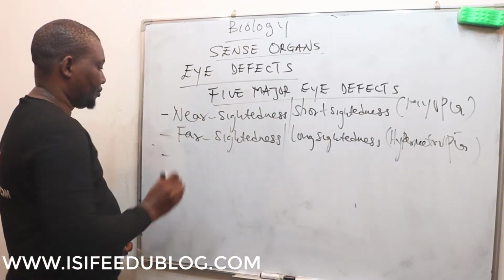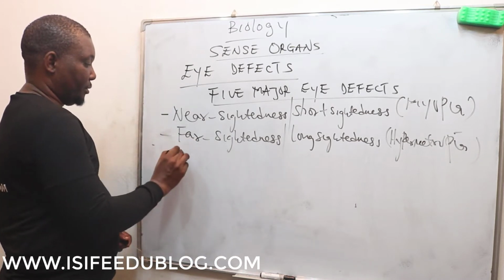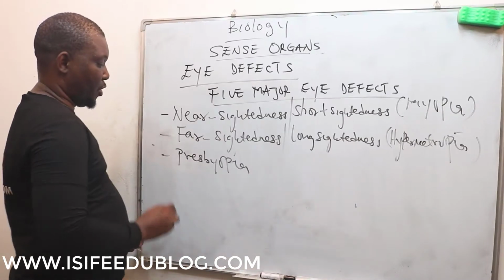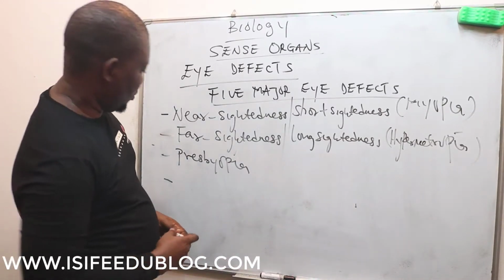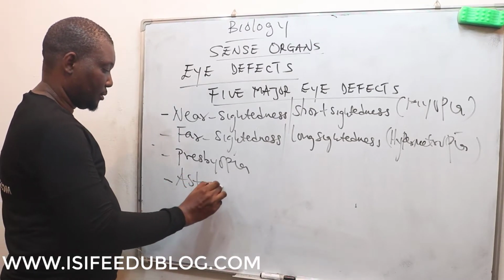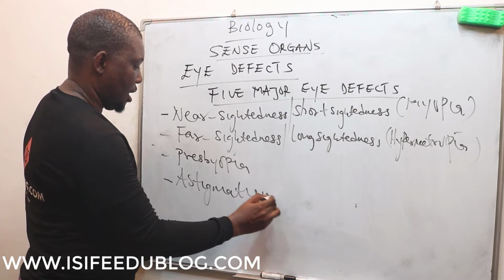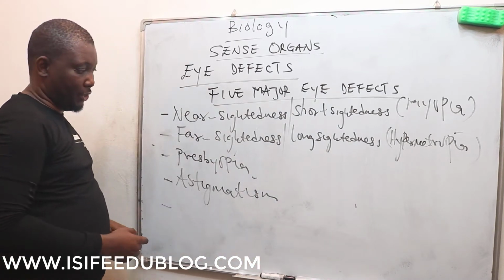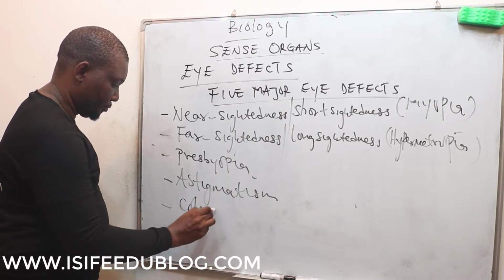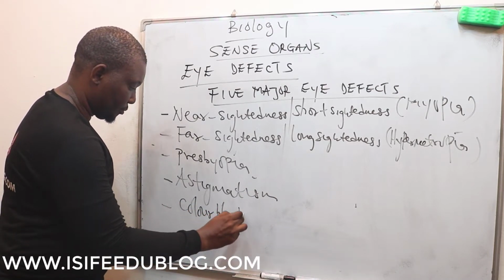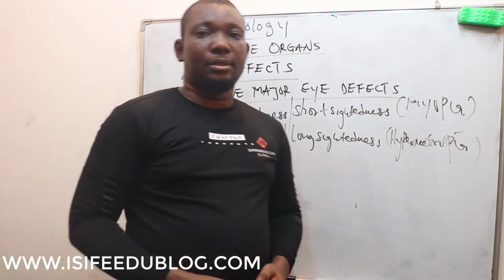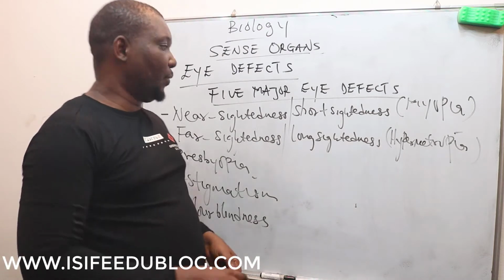And then 3, we'll look at presbyopia. 4, we'll look at astigmatism. And then the last but not the least on this video, we're going to be looking at colorblindness. These are the 5 eye defects.